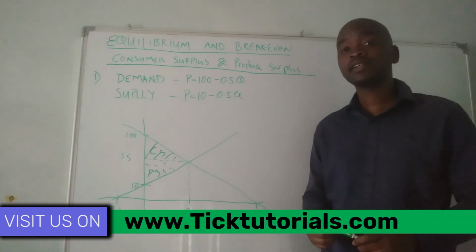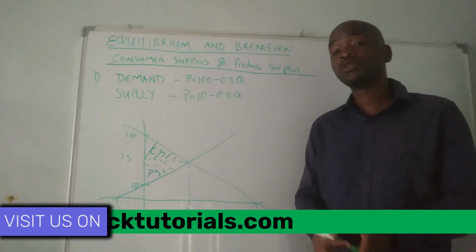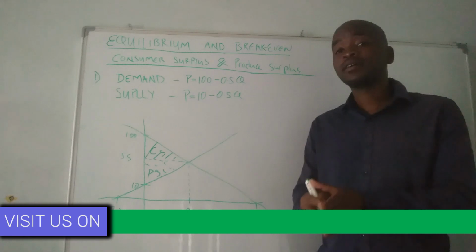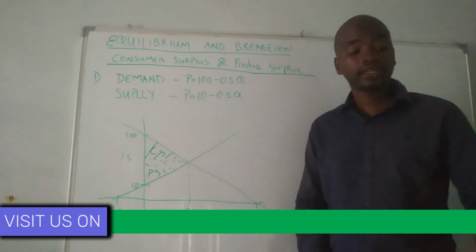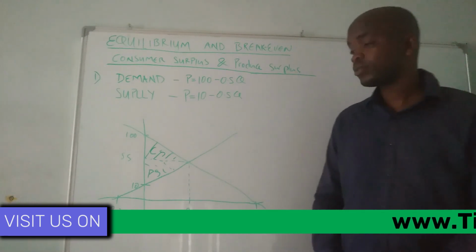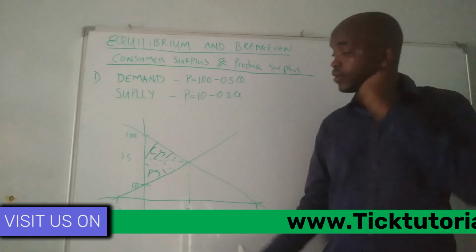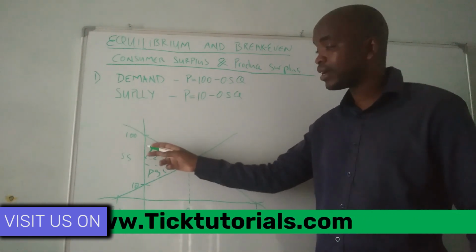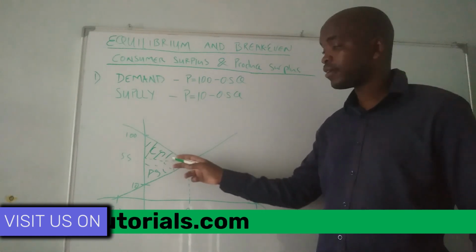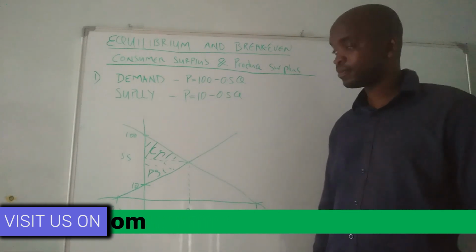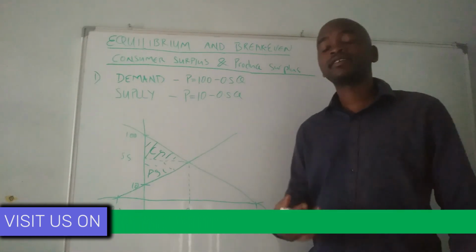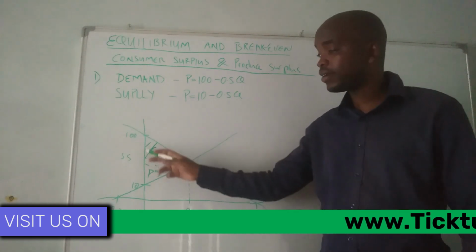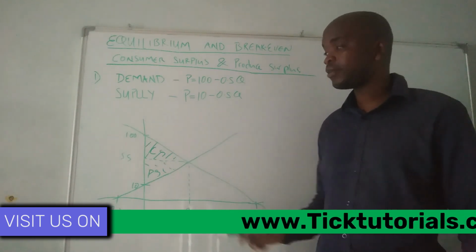Now, let's look at how you solve the consumer surplus algebraically. As you can see, our consumer surplus is indicated by the area of that triangle. So for us to find our consumer surplus algebraically, we have to find the area of this triangle.